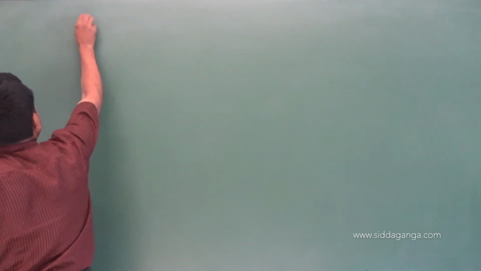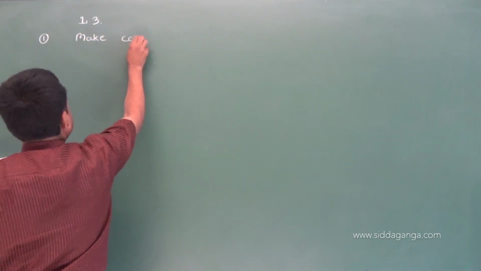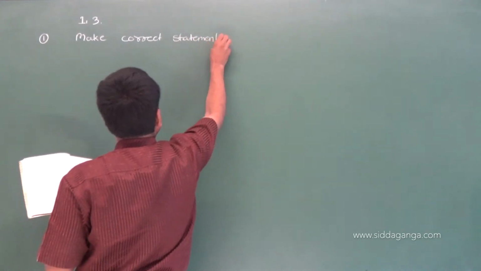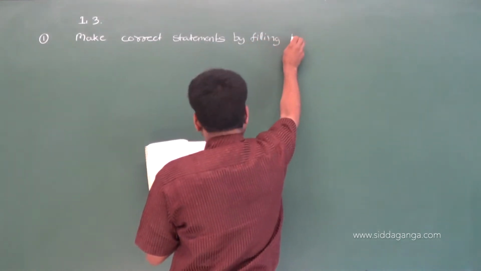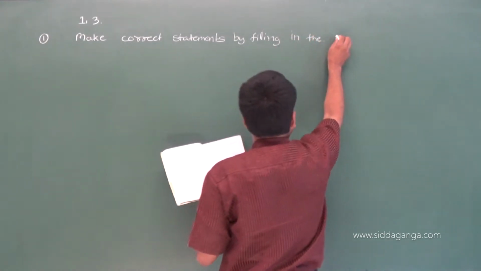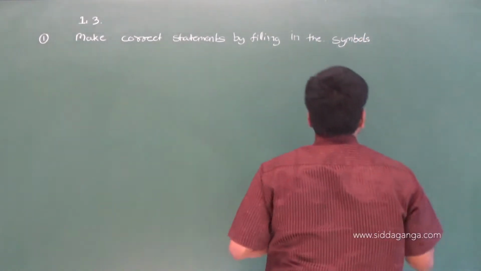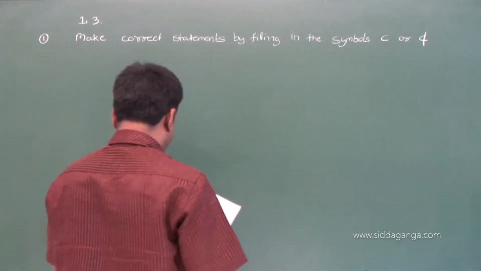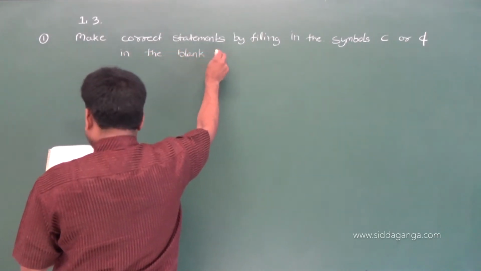So exercise 1.3, first main question: make correct statements by filling in the symbol, subset or not subset, in the blank spaces.